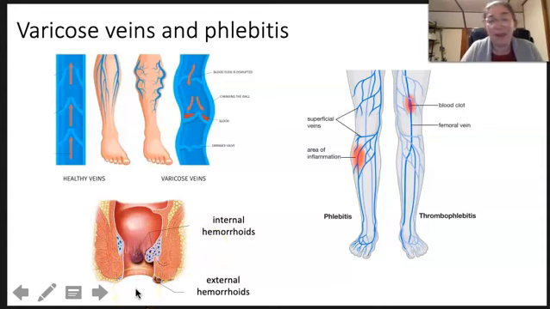It's also a very common after effect or side effect of labor and delivery after pregnancy and undergoing labor and delivery and all that pushing. It can lead to swelling of these veins in the anus or rectum, which can cause pain and discomfort and can also sometimes rupture and lead to bleeding.